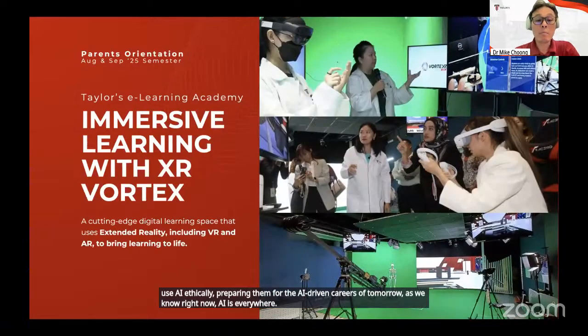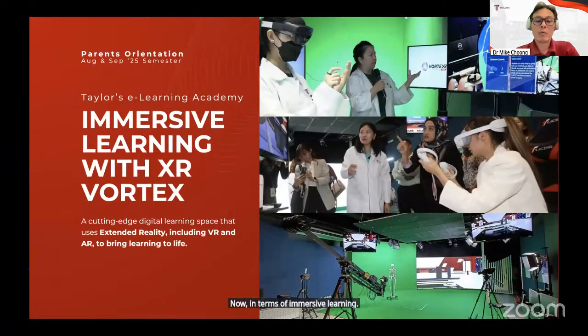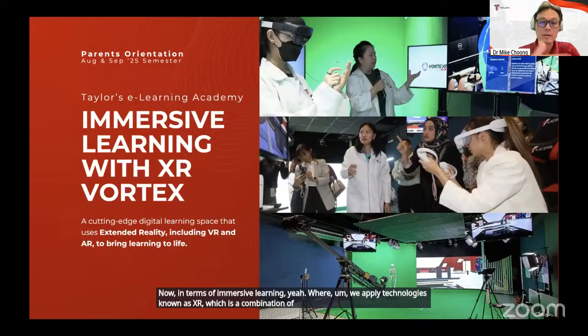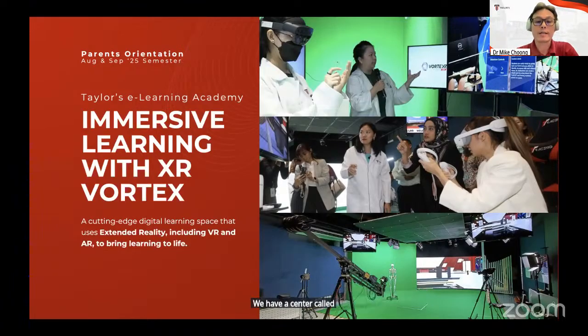Now, in terms of immersive learning, where we apply technologies known as XR, which is a combination of virtual reality and augmented reality, we have a center called Vortex. Vortex is actually a cutting-edge studio, where digital learning spaces are offering students access to XR technologies.